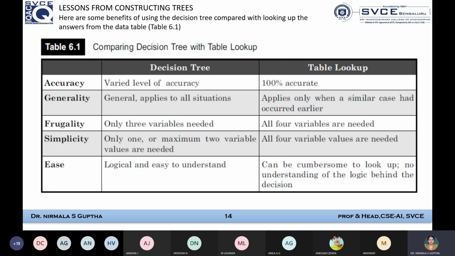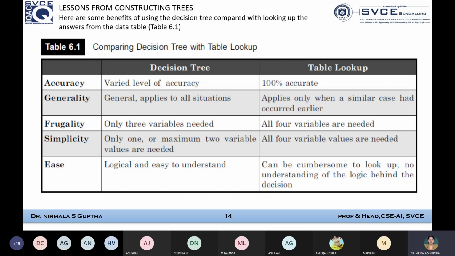What did we do as the first step in the construction of the decision tree? We created the root node, right? Yes, ma'am. After creating the root node, we assigned all the training data to that root node, that is sunny, overcast, and rainy.